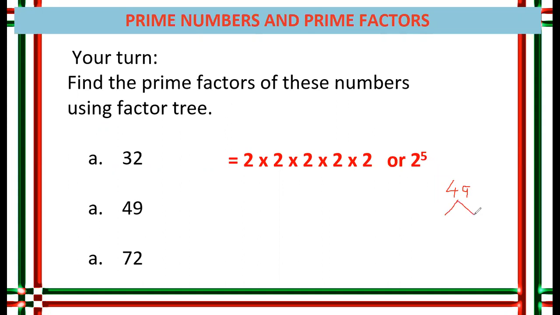What gives us 49? Only 7 times 7. Is 7 a prime number? Yes. So let's write now 7 times 7. Or we can write also 7 squared. Okay? Now, let's move on to the next.